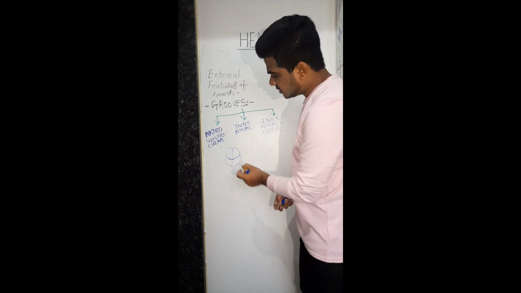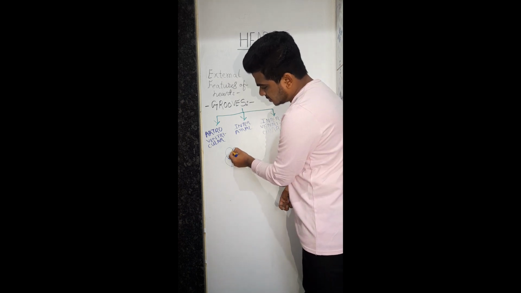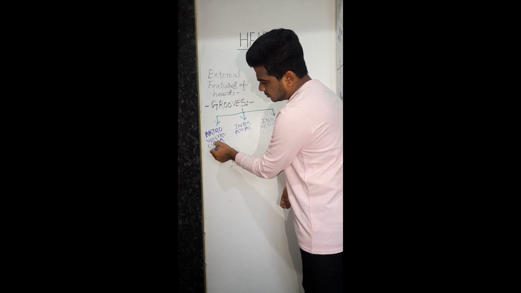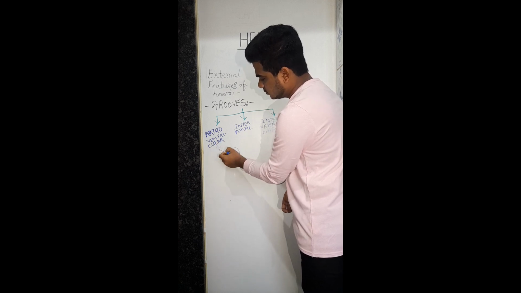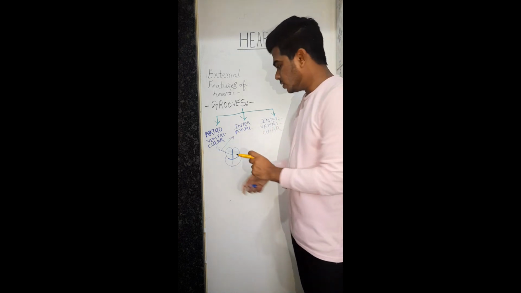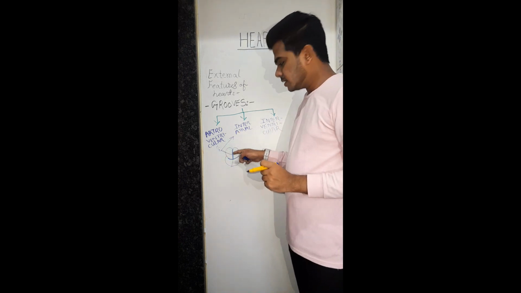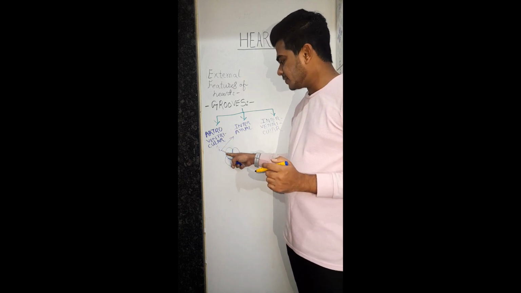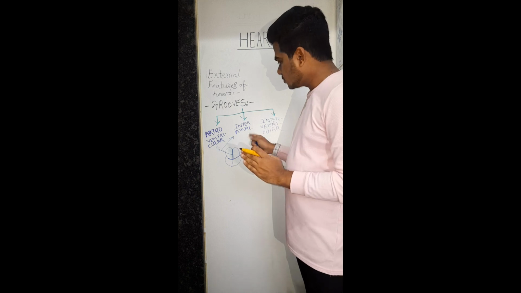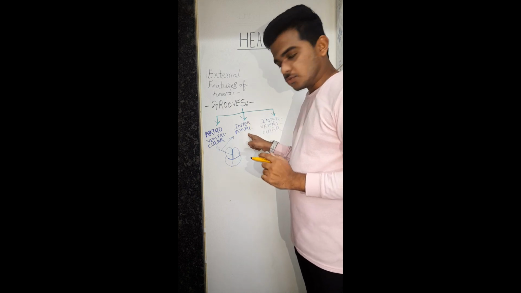Okay, so if you see this part, just this upper part, it is known as interatrial groove, because atrium is there. The upper chamber of the heart is known as atrium. Just between the two atria there is a groove known as interatrial groove.